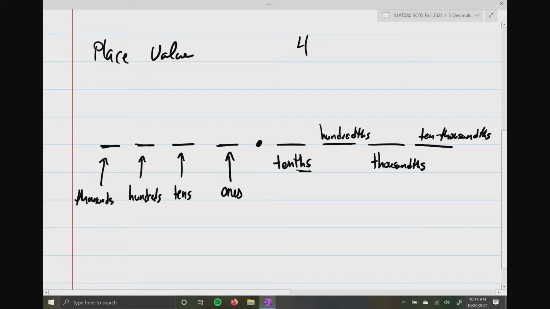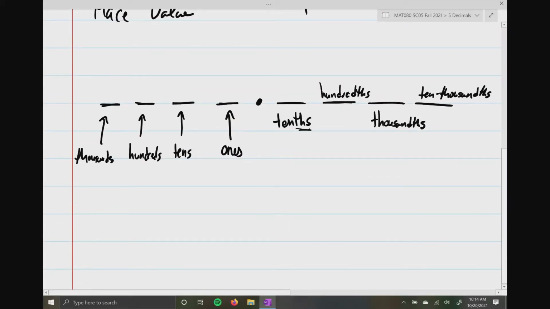Now, what I'm going to teach you how to do first is write a decimal in words, because there's something that we say when we're doing this that isn't correct. All right, so for example here, I want somebody to read me this number. Can somebody read me that number? I'll go.